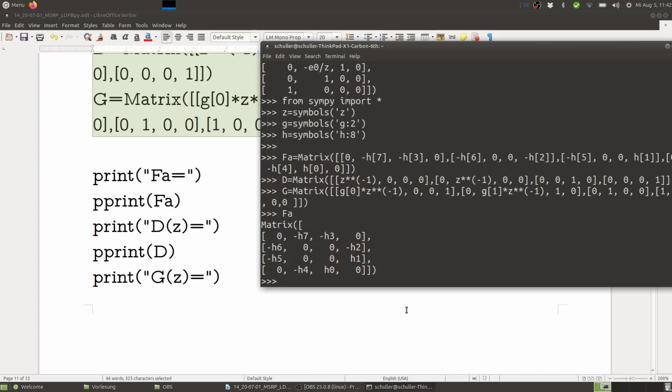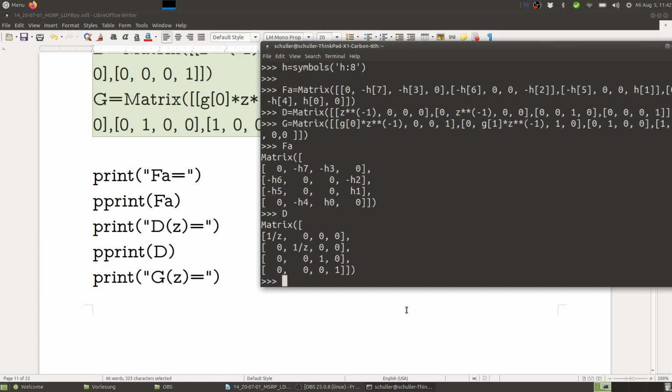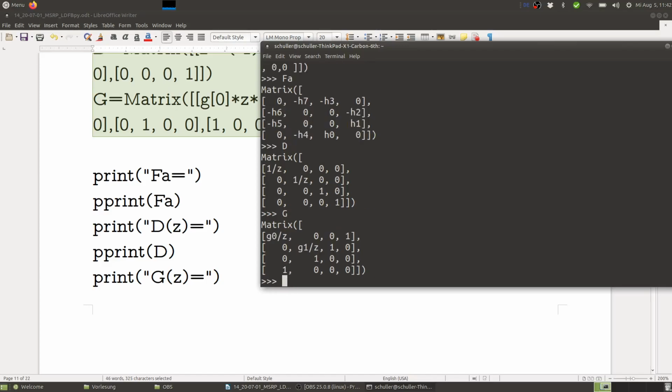This is our FA, the usual that we know from the MDCT. Then here's the D. Also the usual, here we have the delays on the first half on the diagonal and then the ones on the rest. And now the G. Here you can see the ones on the anti-diagonal and then the coefficients times z to the minus 1 on the first half of the diagonal.